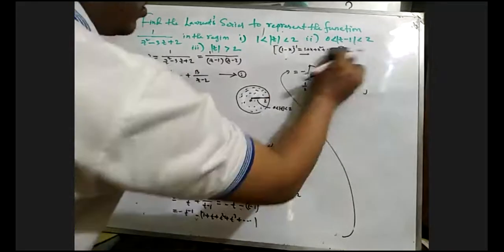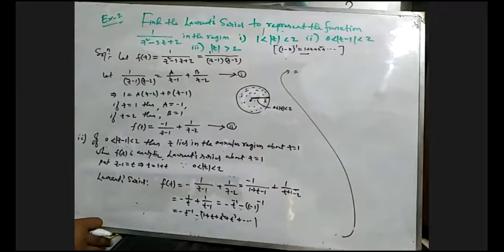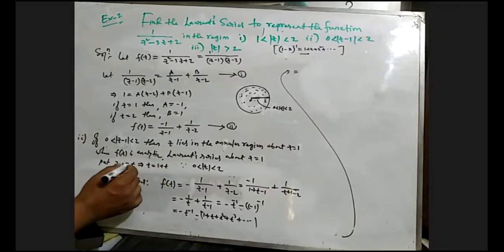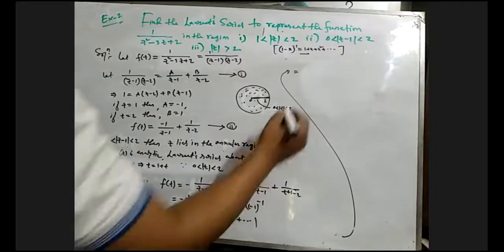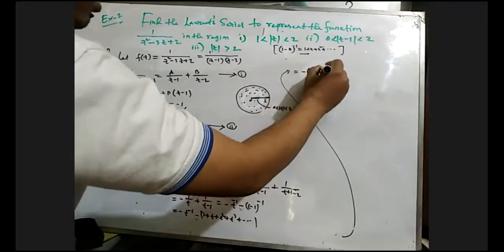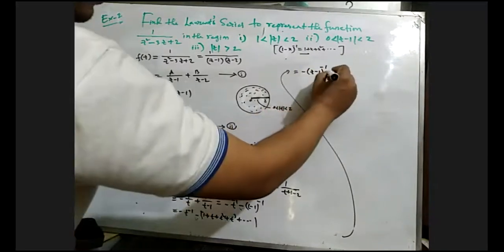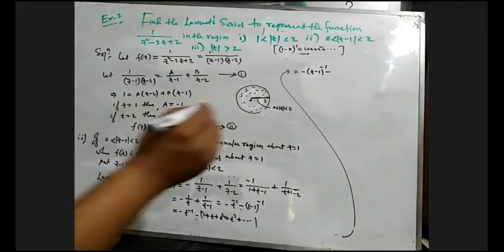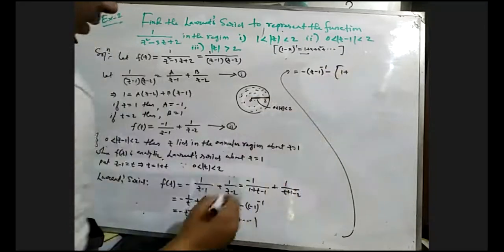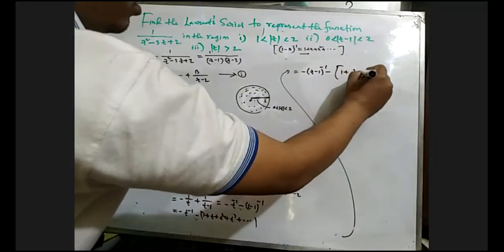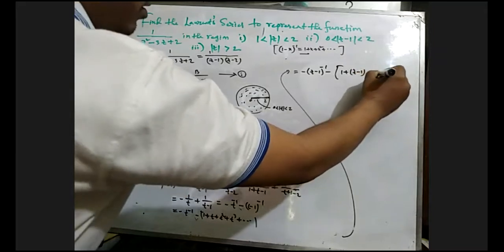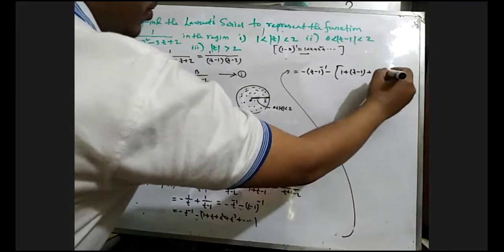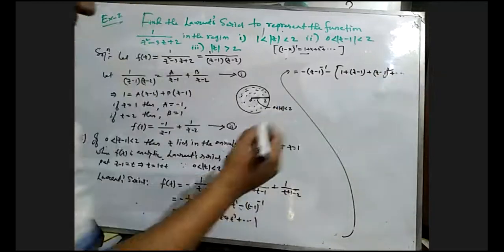So this series will actually be the Lorentz series. Now we have to put z values. t equals to z minus 1. Putting t equals to z minus 1, we get minus (z minus 1) whole to the power minus 1 minus 1 plus (z minus 1) plus (z minus 1) whole square plus dot dot.